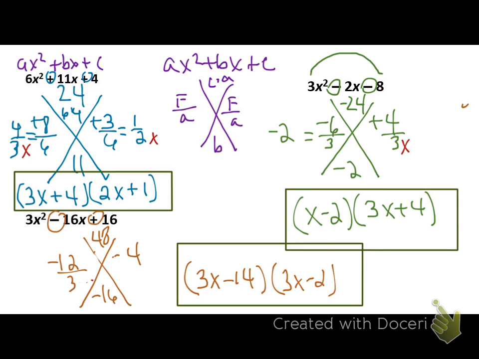Divide those out by our 3. So here we get a -4, and we'll leave our 4/3 alone, so we still have that x there. So let's correct our answer. This would give us x minus 4 and 3x minus 4.